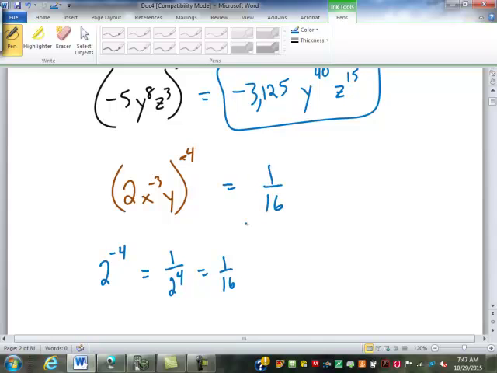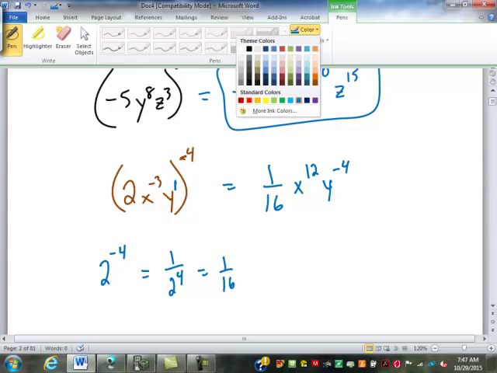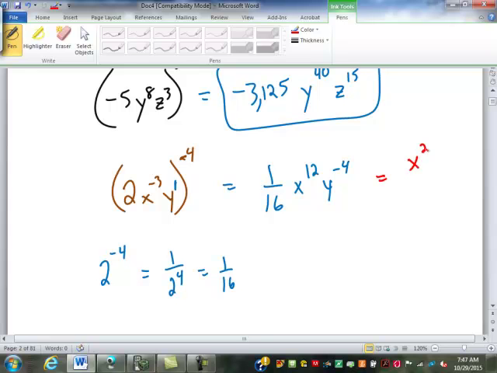So this is 1/16. X to the -3rd to the -4th is x to the... What's -3 times -4? Positive 12. Y to the 1 to the -4th is y to the -4. If I really wanted to, I could write this as x to the 12th over 16y to the 4th.